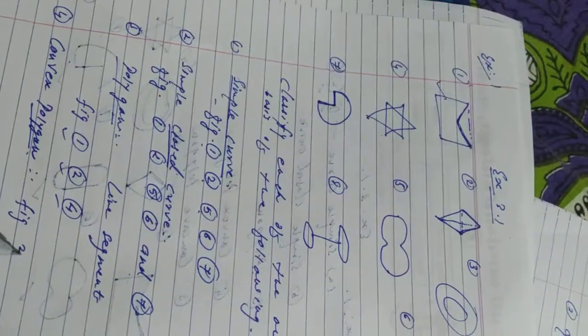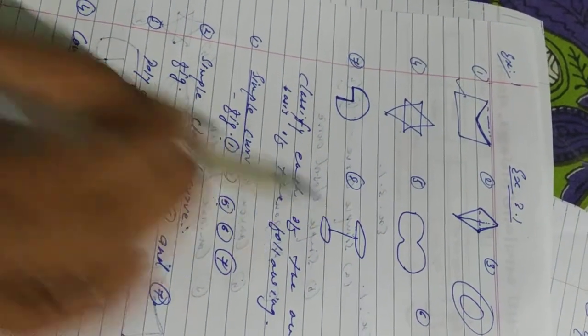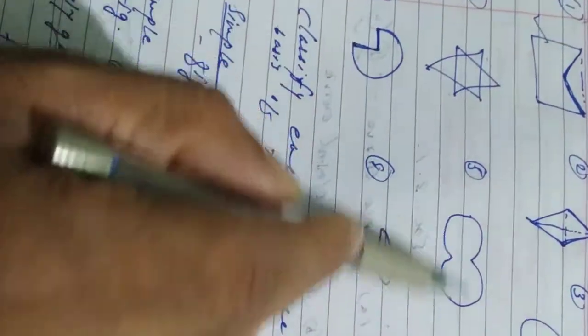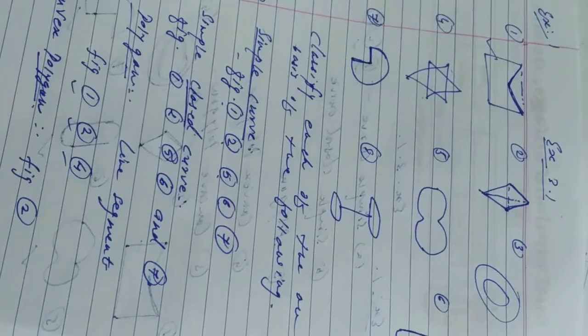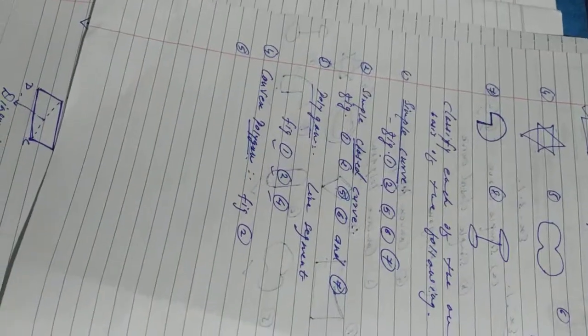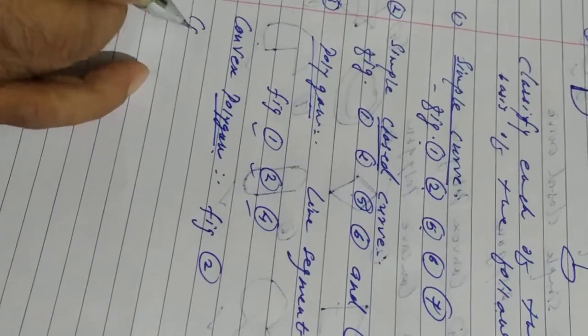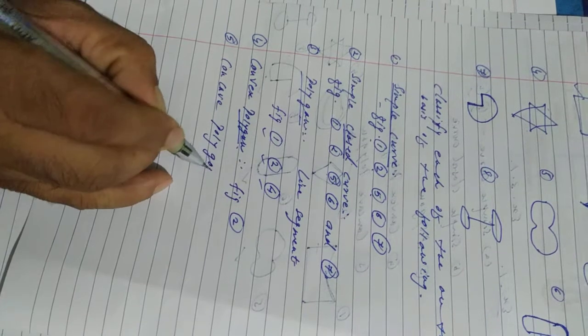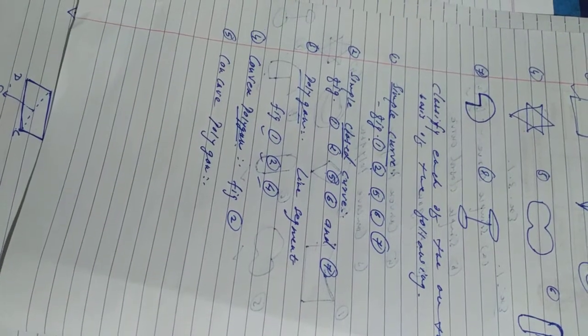Then the curve has outside diagonals too, and the remaining are completely different figures, right? So we can't classify them as convex polygons. Now last is concave. About it we have already learned.